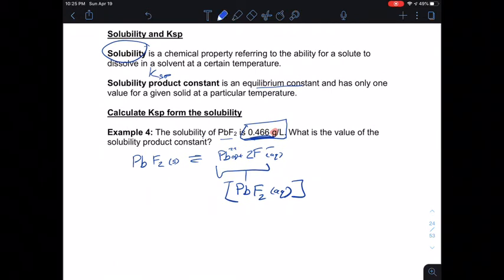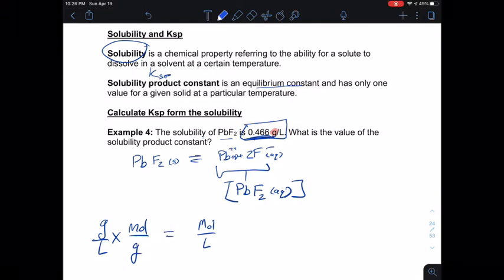So something we haven't done in a very long time, I imagine, for many of you, is we need to be able to convert grams per liter into moles per liter. To get from grams per liter to moles per liter, we are going to multiply by a value of moles per gram, and this is, of course, the molar mass ratio.